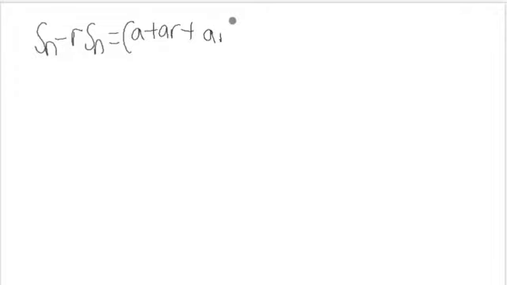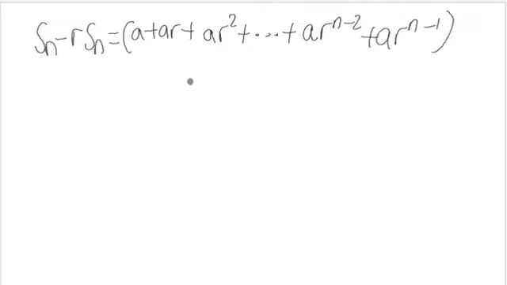We subtract equation 2 from equation 1, and we have Sn minus r Sn. This gives us a plus ar plus ar squared plus dot dot dot plus ar raised to power n minus 2 plus ar raised to power n minus 1, which is equation 1, minus equation 2, which is ar plus dot dot dot plus ar raised to power n minus 1 plus ar raised to power n.